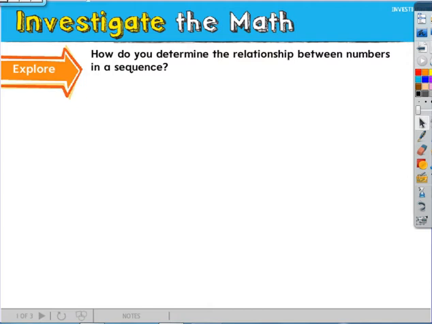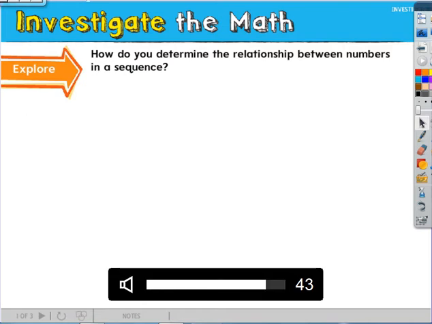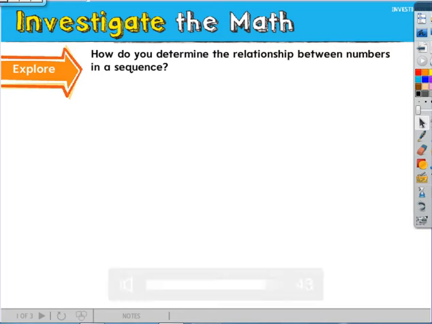So how do you determine relationships between numbers in a sequence? What can you do? I have 2 numbers next to each other, or 3 numbers next to each other. What can you do to tell me how those numbers are related?